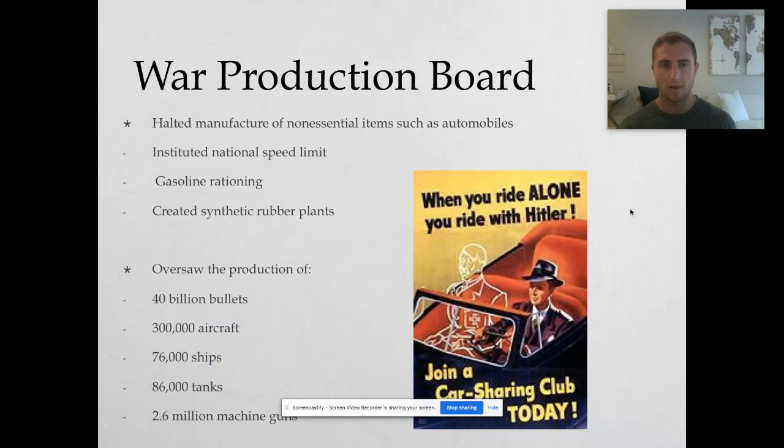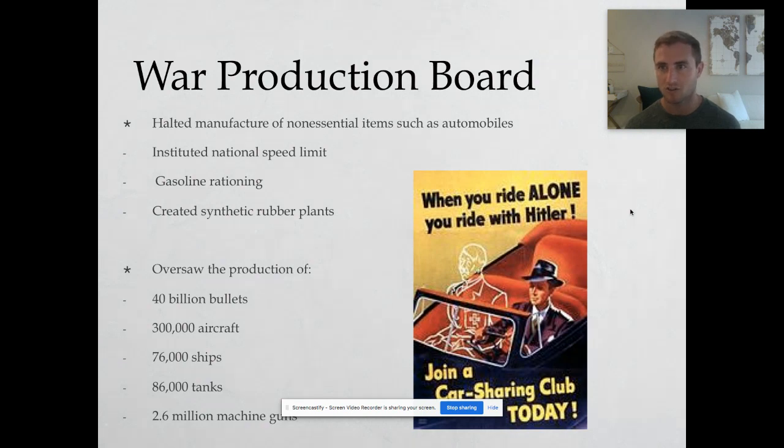All right, War Production Board. This existed in World War One, but was very, very weak. In World War Two, this is the most important federal agency in producing weapons of war. This is going to take direct control over the economy in major ways. The government says you will no longer produce automobiles; those are non-essential.